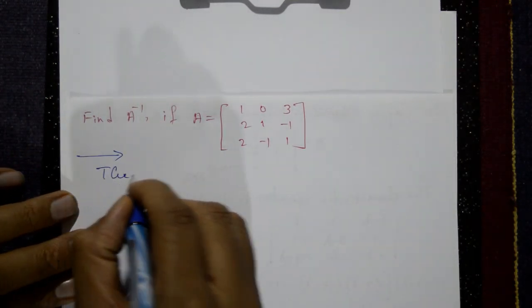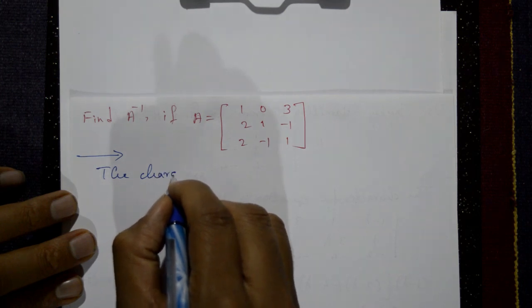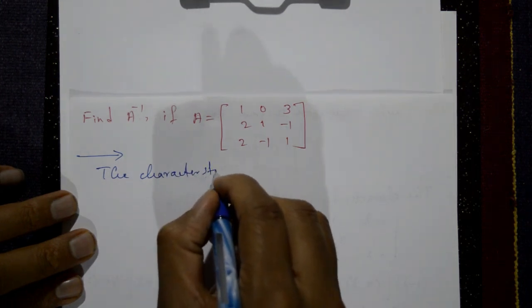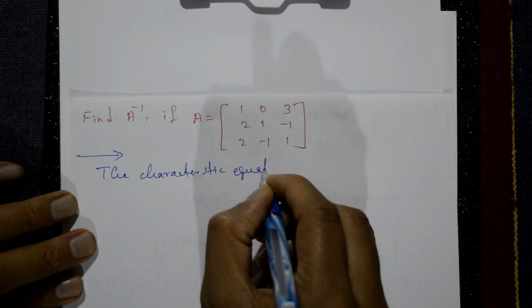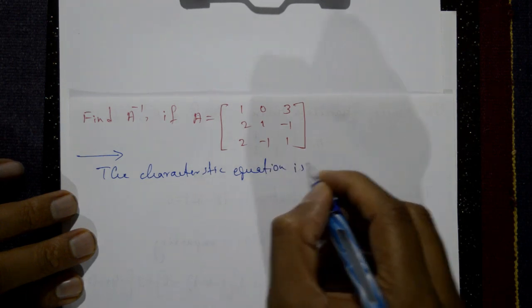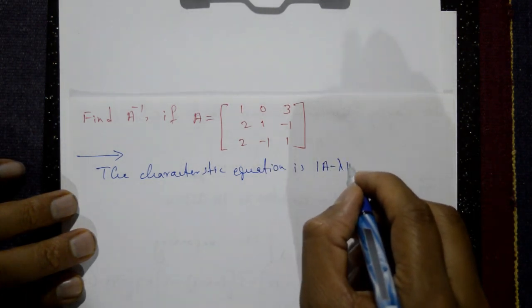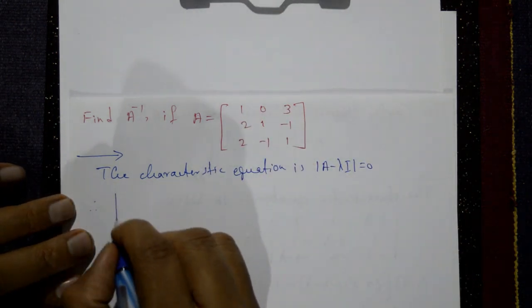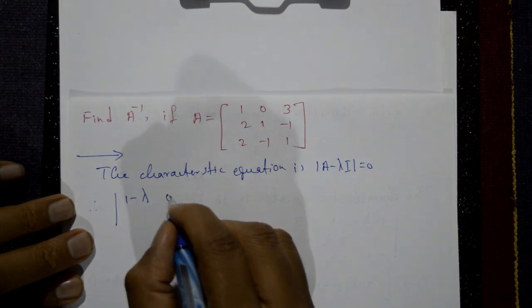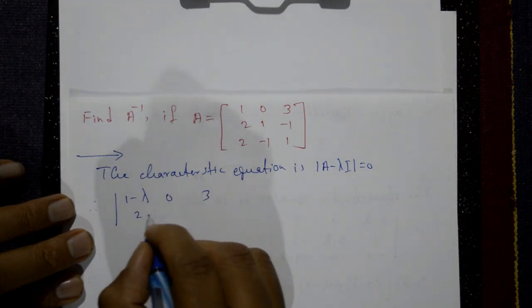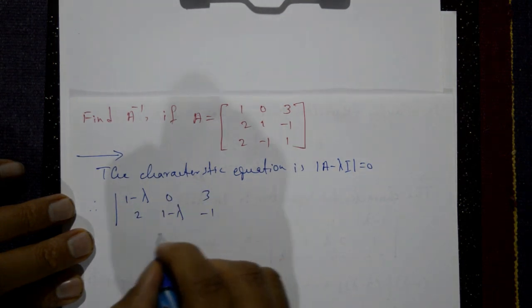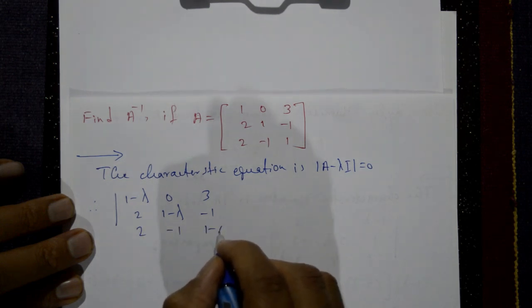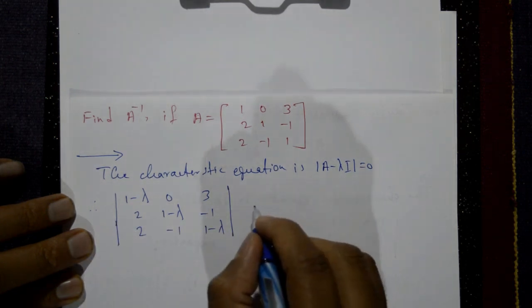The characteristic equation is determinant of A minus lambda I equal to 0. Taking the diagonal, 1 minus lambda, 0, 3, 2, 1 minus lambda, minus 1, 2, minus 1, 1 minus lambda, equal to 0.